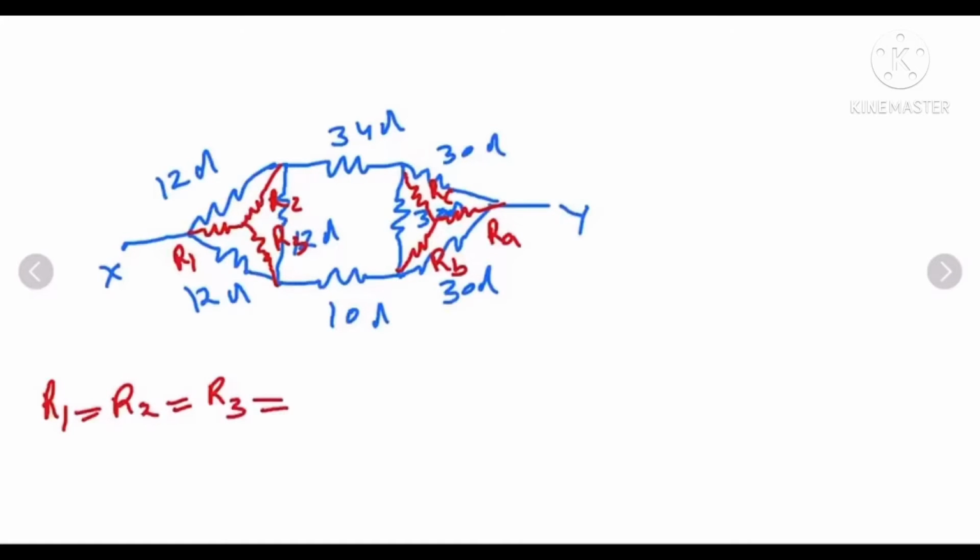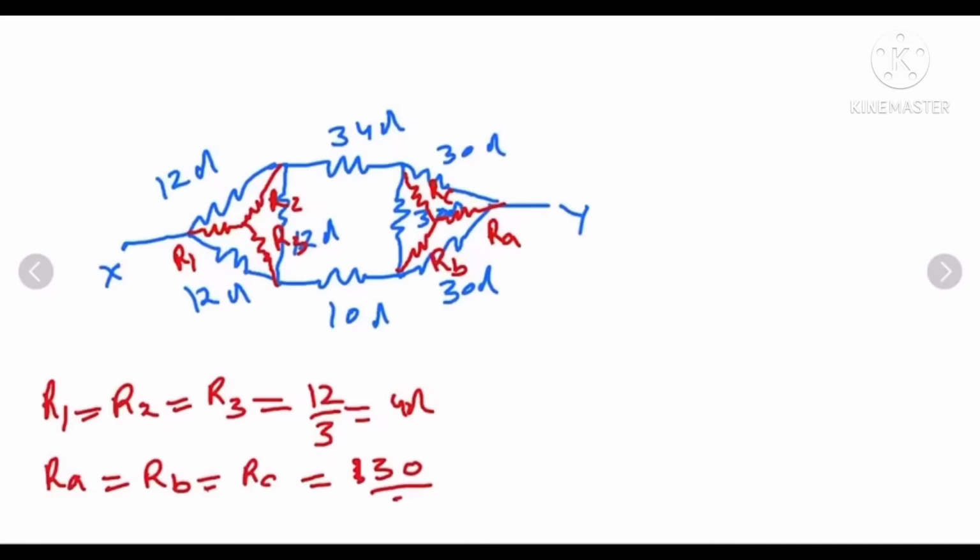So for the first delta, R1, R2, R3 is going to be equal to 12 divided by 3, that is 4 ohm. Similarly, RA, RB, and RC is going to be equal to 30 divided by 3, that is nothing but 10 ohm.